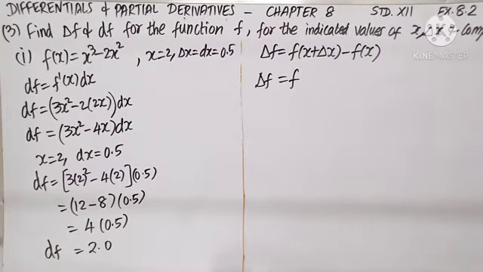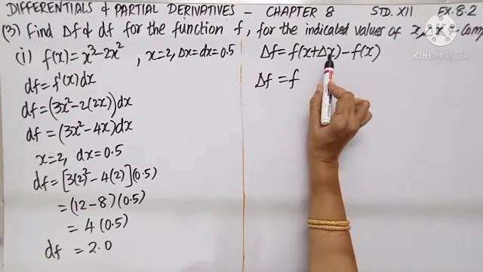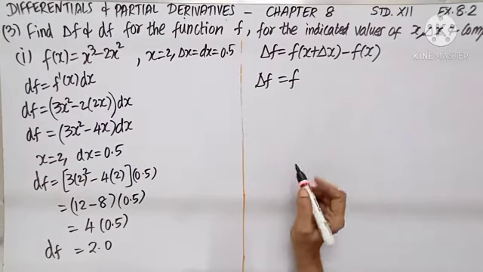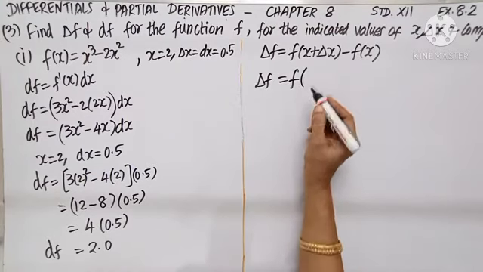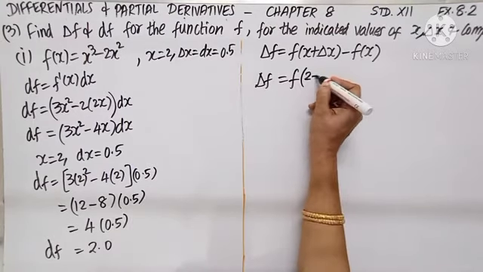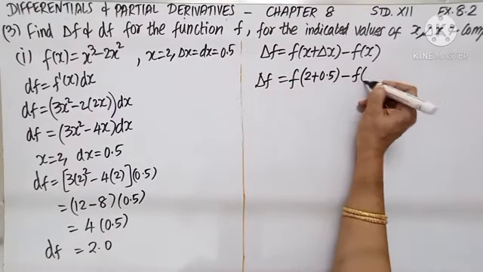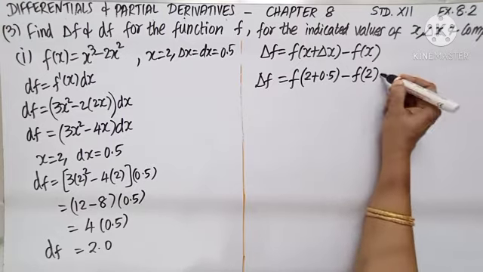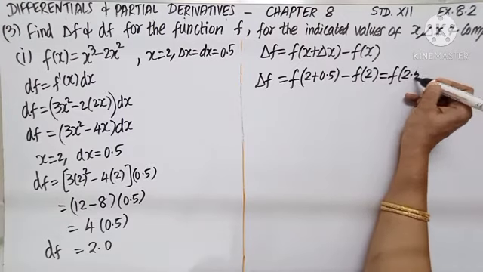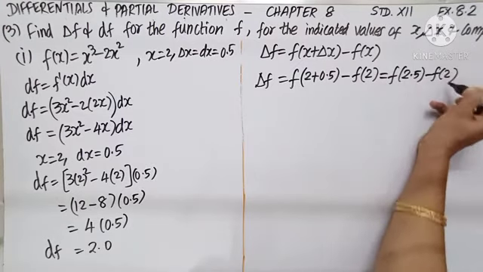What is del f? f of x plus del x minus f of x. In this question, x is 2 and del x is 0.5, minus f of 2. Or I get f of 2.5 minus f of 2.